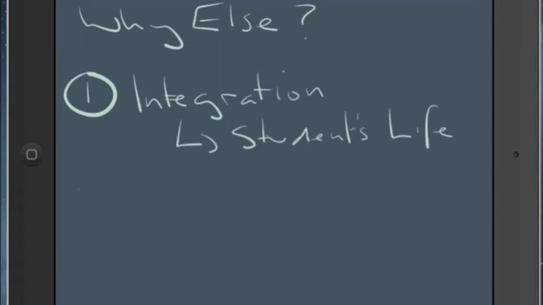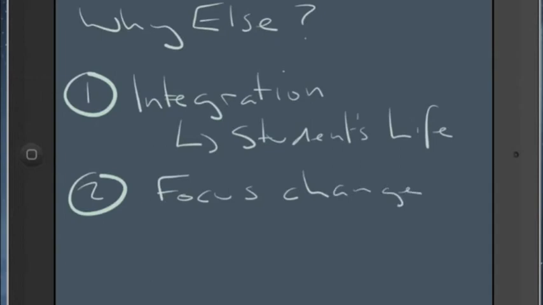The second additional reason is that there's a focus change. And this is linked with the idea above. The change is learning becomes student-led.